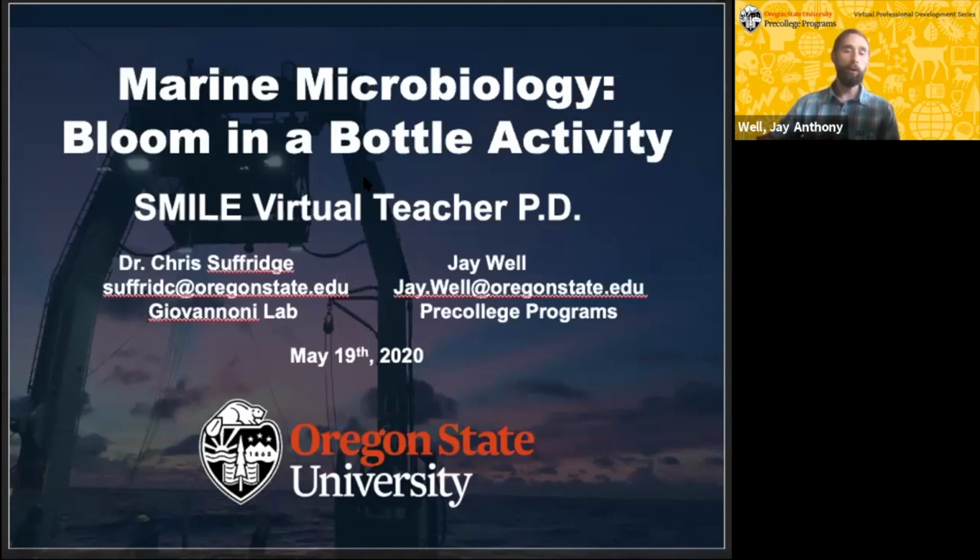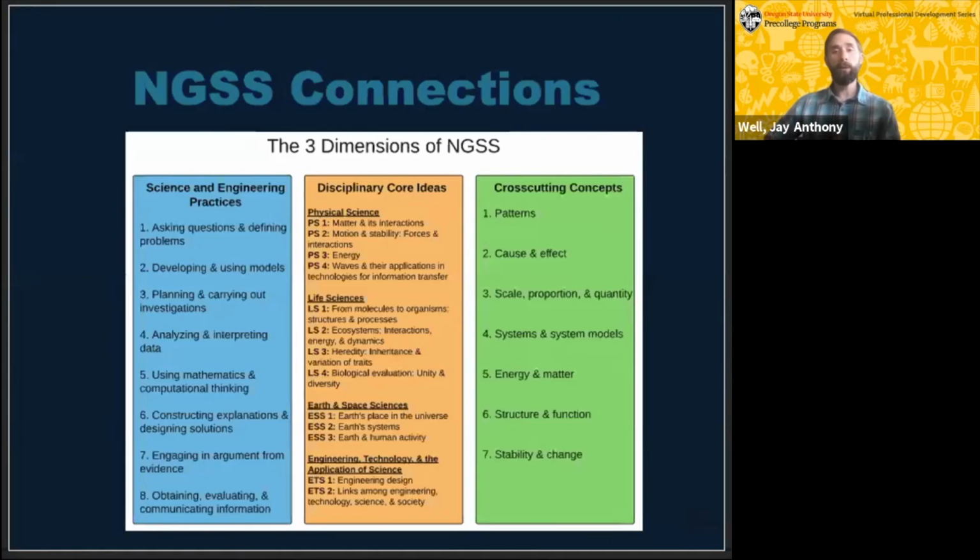that they're currently doing. As always, I like to start these sessions out by making those connections to NGSS. We'll be focusing on planning and carrying out investigations as part of our science and engineering practices. For disciplinary core ideas, we'll focus on LS2, ecosystems, interactions, energy and dynamics, and for cross-cutting concepts, stability and change.